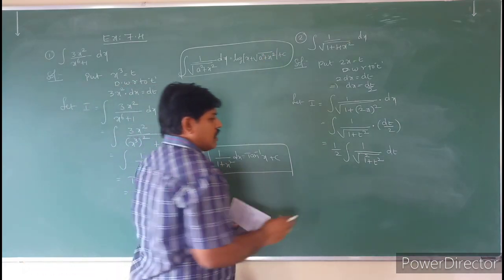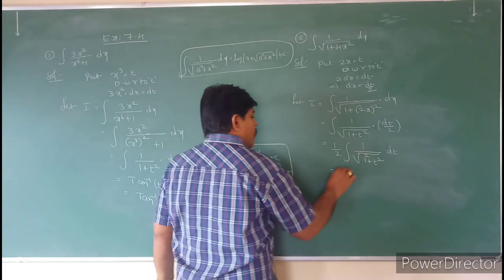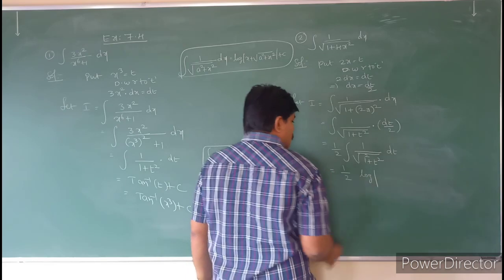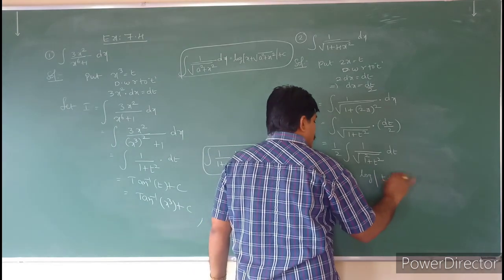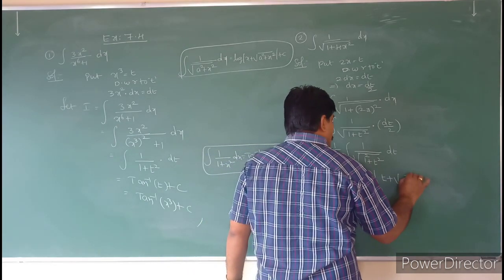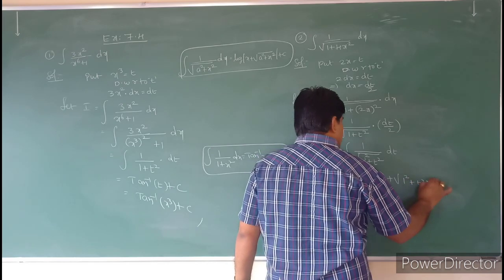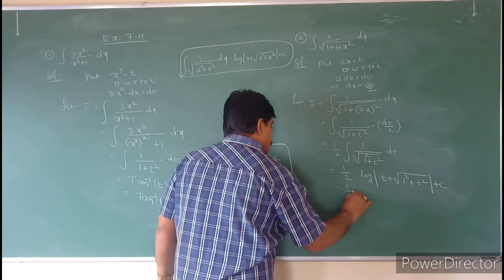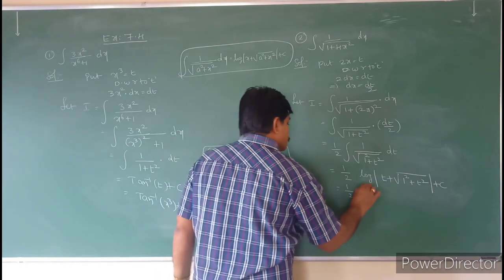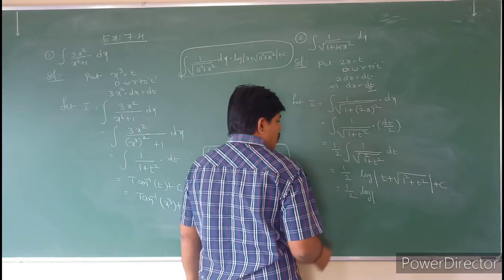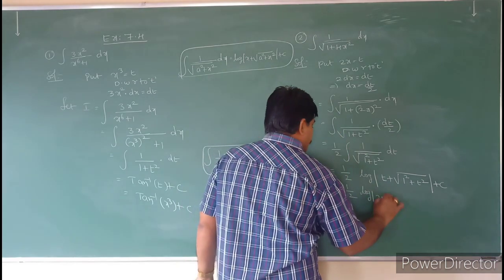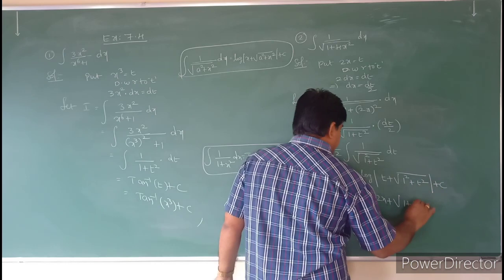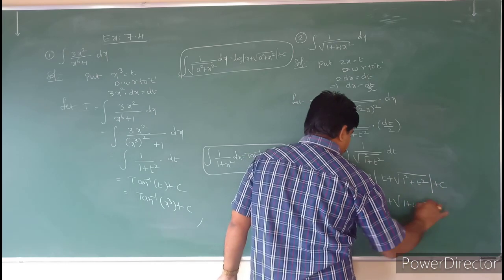So here we can take it as 1 by 2 into log mod t plus root of 1 square plus t square plus c. So that is equal to 1 by 2 into log mod t, and the t value is 2x, plus root of 1 plus t square, which is nothing but 4x square.